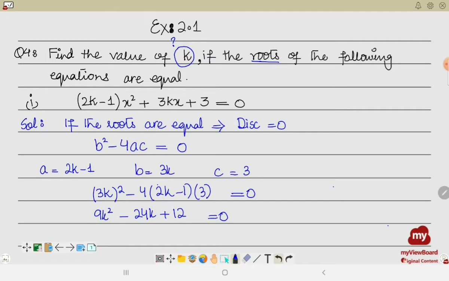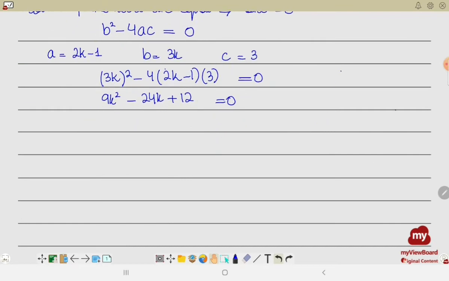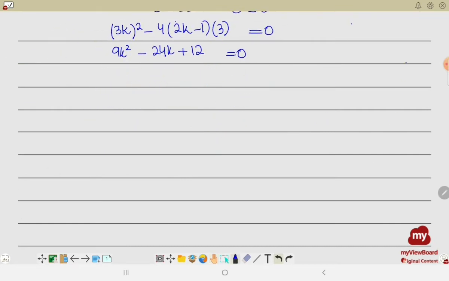Right? So now we are going to solve it further. Here we can take 3 as common so that the middle term break factorization becomes easier for us. 24 divided by 3 is 8, and 12 divided by 3 is 4, equals 0. Here we have 3k square minus 8k plus 4 is equal to 0.